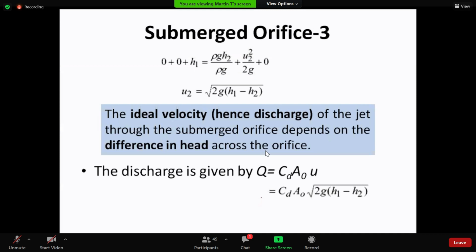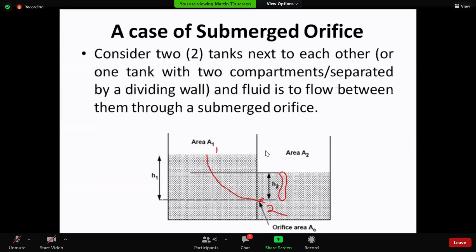Now, likewise, if I put my datum here, the difference in height between point 1 and point 2 is actually this H1. That's the difference in height between point 1 and point 2.